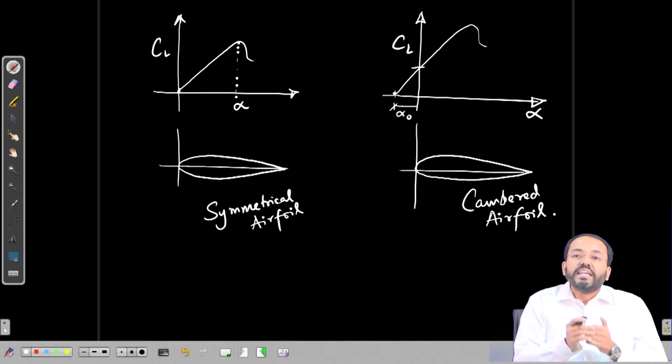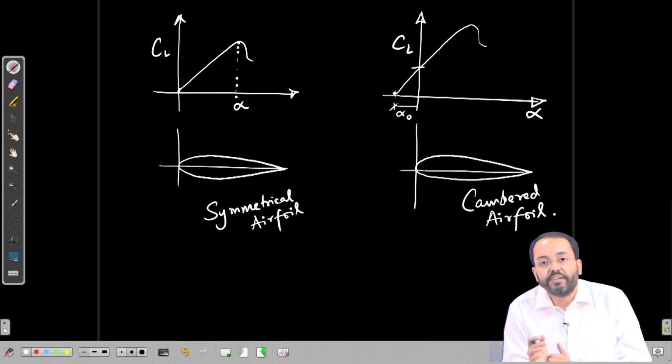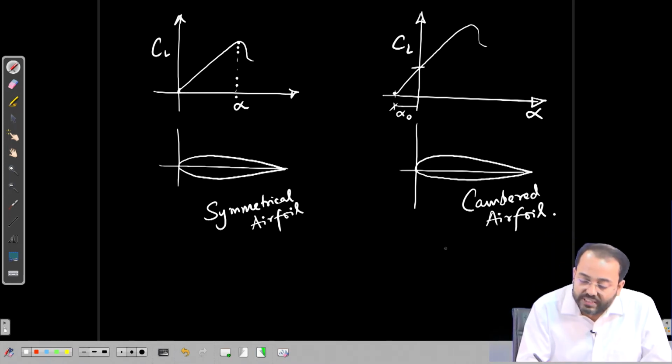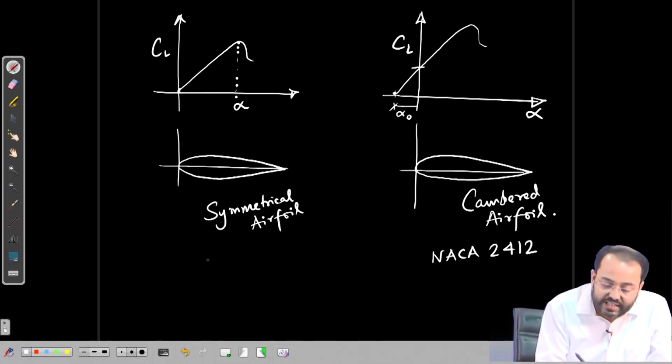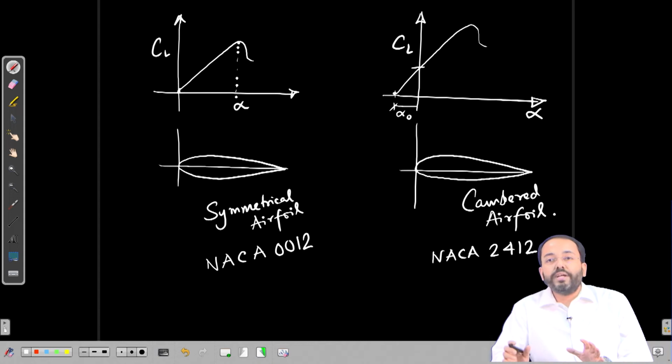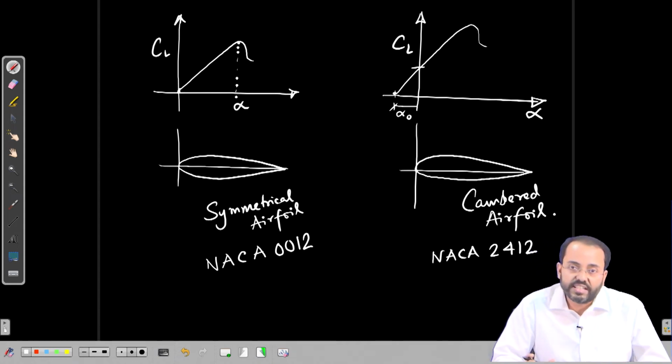That means at 0 angle of attack, the cambered airfoil will generate lift. So, this is an example of the NACA 2412, the cambered one, and this is NACA 0012. Just an example, I have mentioned the two names to show the difference between these airfoil sections.